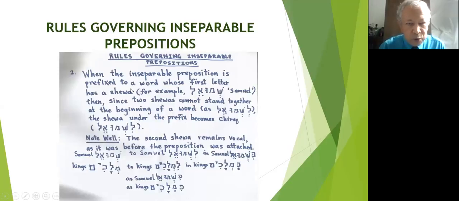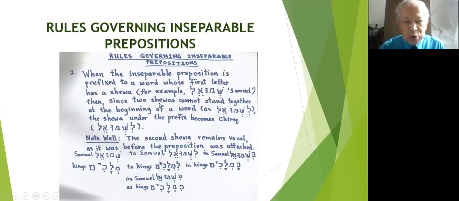Rule number two: when the inseparable preposition is prefixed to a word whose first letter has a schwa, for example, Shemuel, which is Samuel in English, which starts with a simple schwa, so there is a simple schwa here in the noun itself.